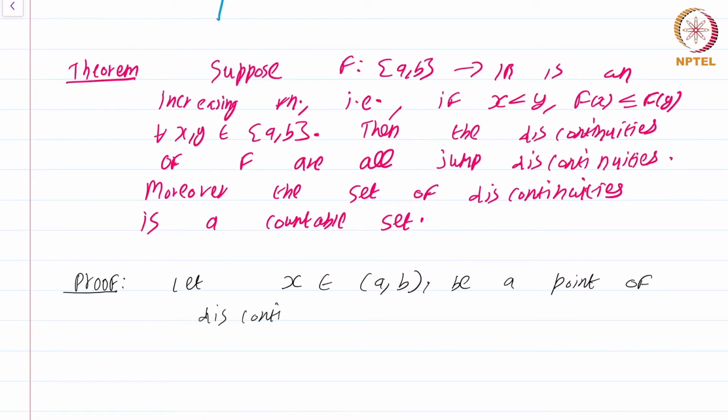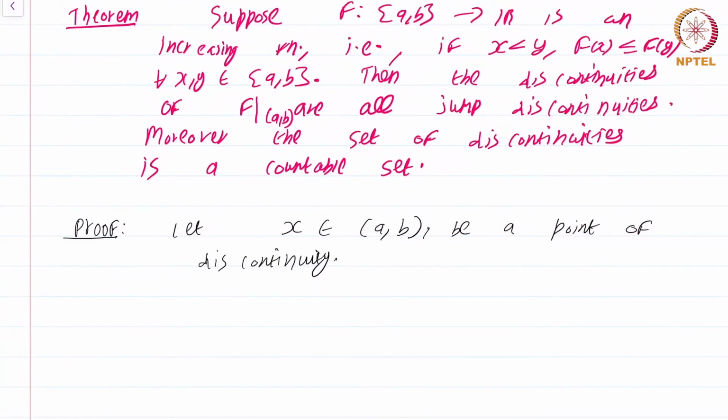Since I have defined discontinuities only for open intervals, for ultra precision I am going to restrict f to the open interval (a, b), because I have not really defined what the meaning of discontinuities at these endpoints are. So let's take a point x in (a, b) be a point of discontinuity. We have to somehow show that it's a jump discontinuity.